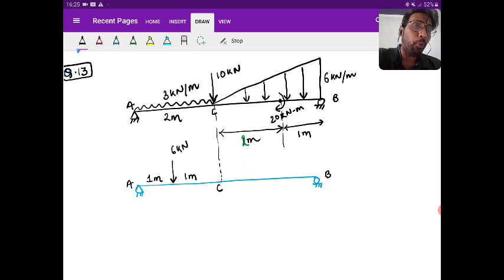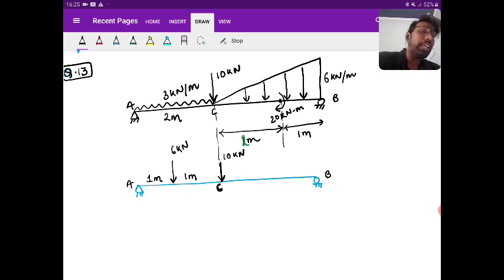Now you can see the point C. Thereafter there is a UVL, and before the UVL there is a point load of 10 kilonewton.